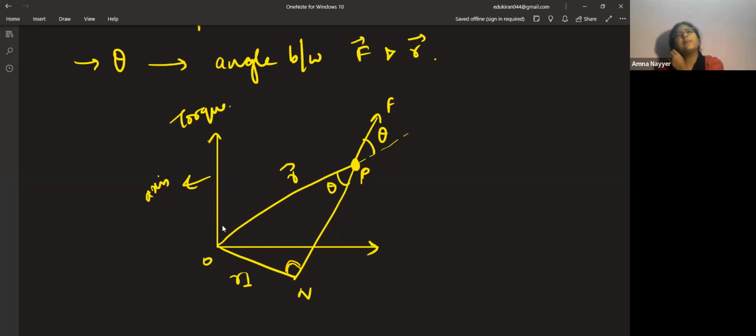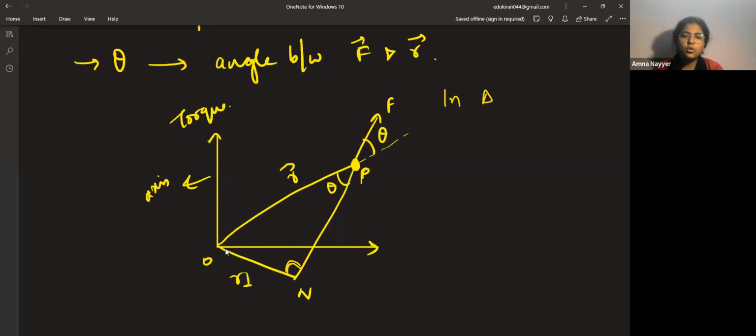Or take the example of a fan also. Blades are moving, one axis is fixed at the center, but the blades are continuously moving, right? So there is torque developed and it is always perpendicular. See, this extension I have made just for the derivation purpose, because you have to write derivations also.